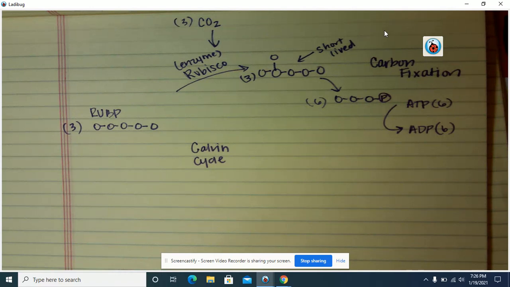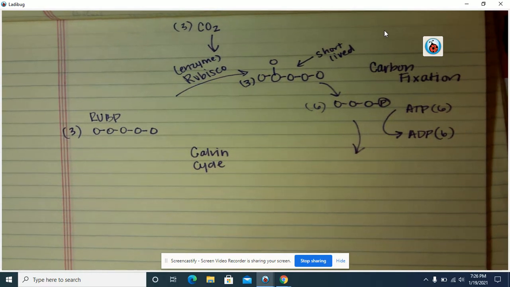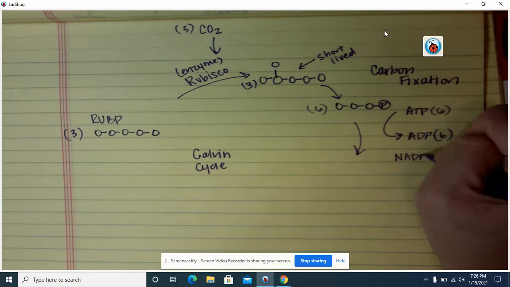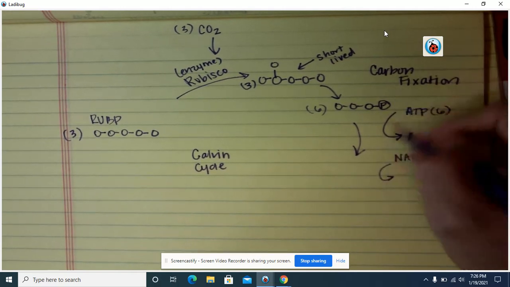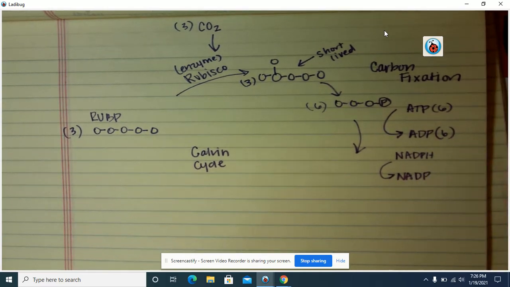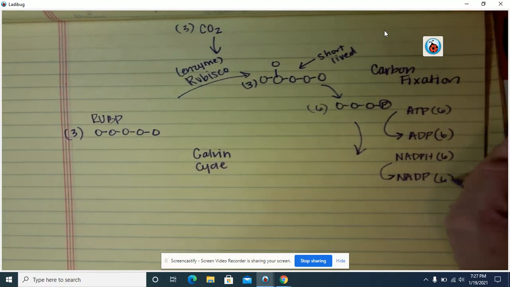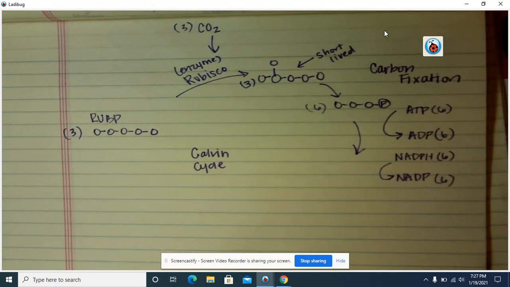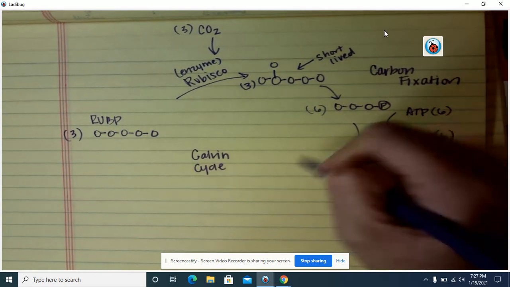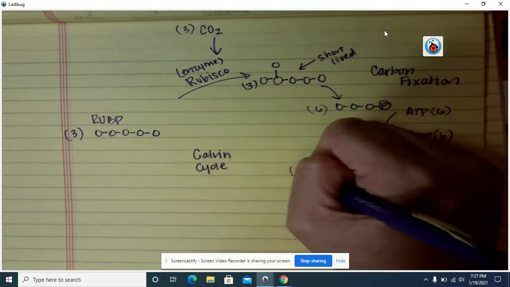And then it's going to be processed some more and actually get some energy from NADPH, which is going to become NADP. And there are going to be 6 of those as well. And we're going to have an even further processed carbon molecule. And we still have 6 of those.